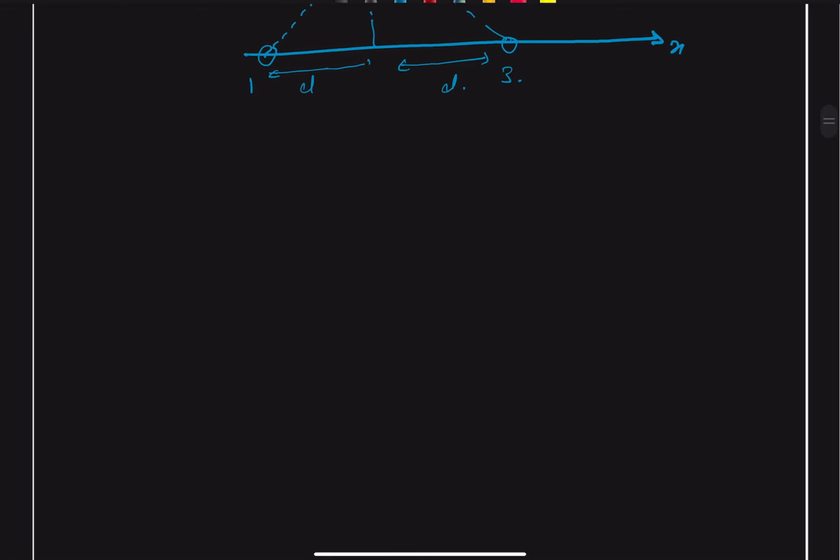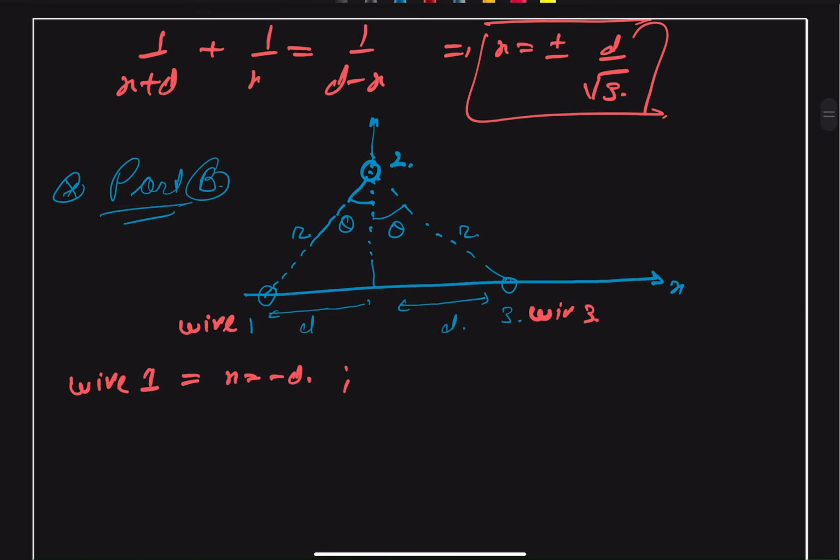We have wire 1, which is at x equal to minus d, this is our wire 3, and this is our wire 2.